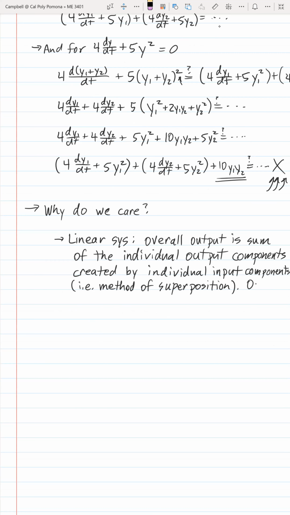And of course, as I already indicated, when we have a nonlinear differential equation, that's not the case.